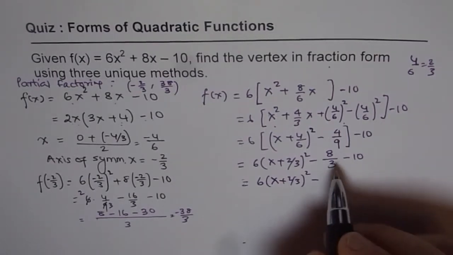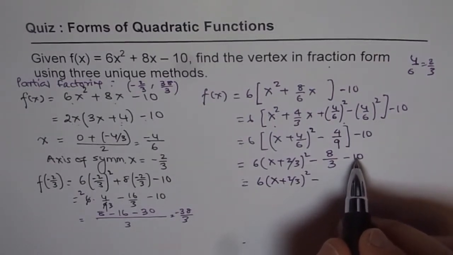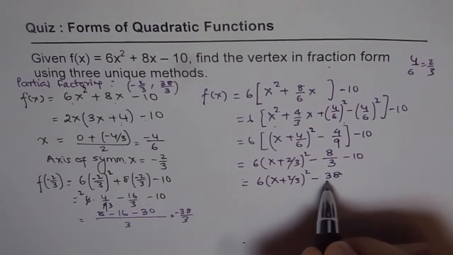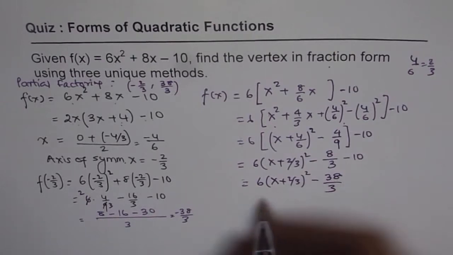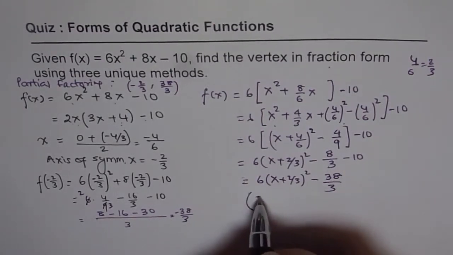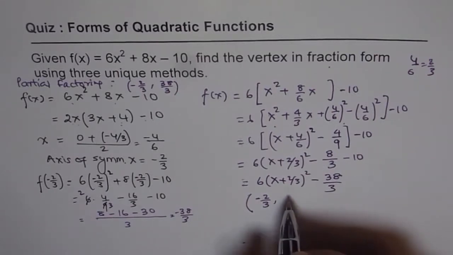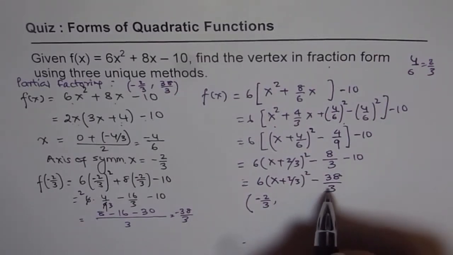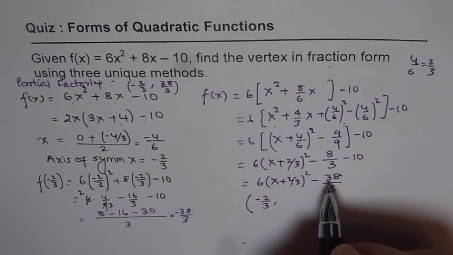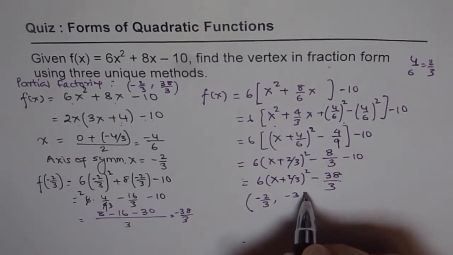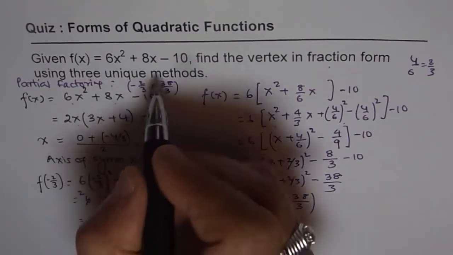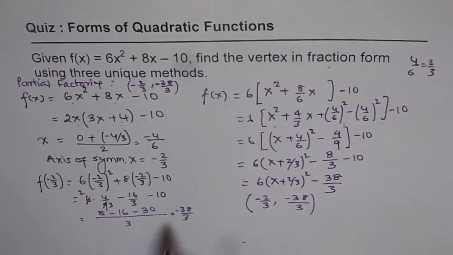So it is minus 8 minus 30, which is minus 38 over 3. And therefore, you do get the same vertex, which is minus 2 over 3 and minus 38 over 3. Yeah, I wrote it wrong here. This was minus 38. We did get minus 38.